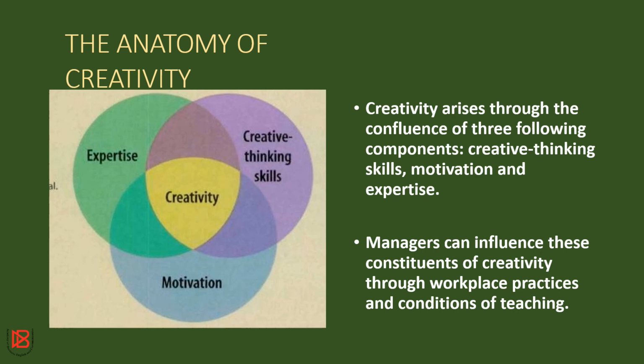Creativity arises through the confluence of three components: creative thinking skills, motivation, and expertise. Managers can influence these constituents of creativity through workplace practices and conditions. This is what we are aspiring to. This is what the anatomy of creativity is all about: creative thinking skills, motivation, and expertise.